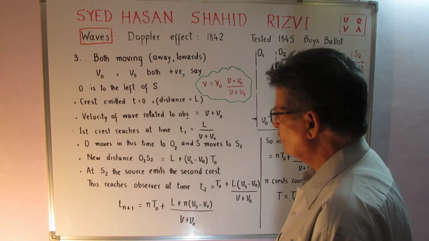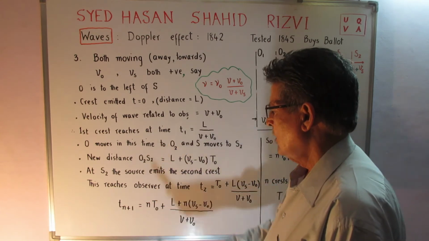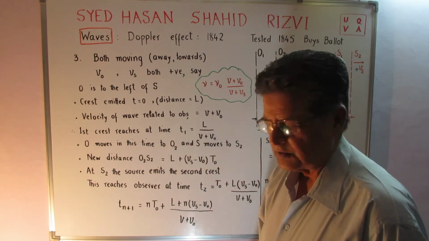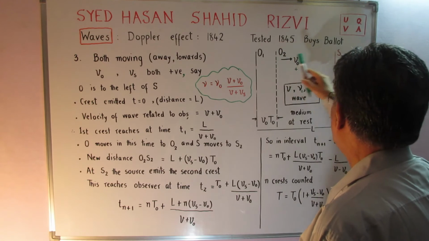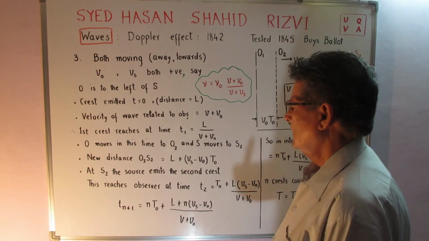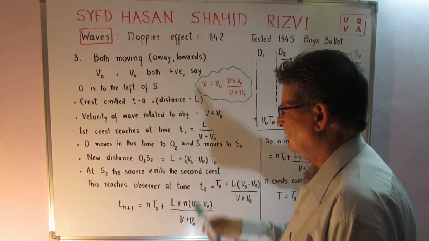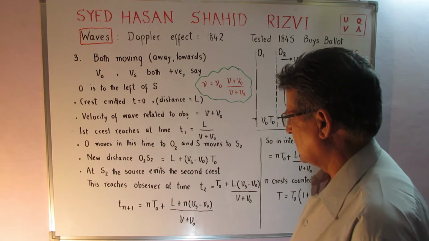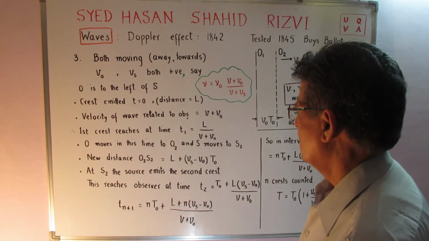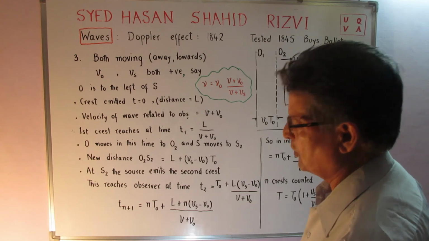So there is a new distance hereinafter between O and S, that is O2 S2. The velocities appear here to be almost the same, but they can be different, and you can scribble whatever velocities you want. Less or more doesn't matter.